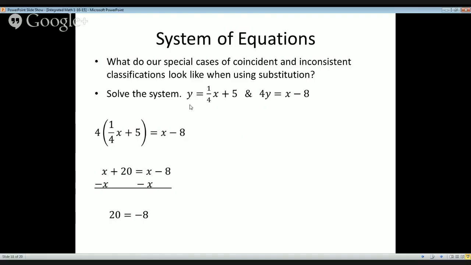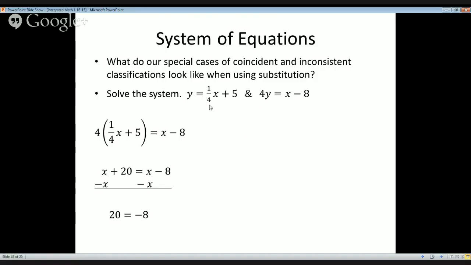I know what y is, so it's very easy for me to replace the y in the second equation with the 1/4 x plus 5, because it's already telling me that. I like that too, because when I multiply 4 times 1/4, I'm going to get 1 and get rid of that fraction. So I replaced the y in the second equation with the 1/4 x plus 5.